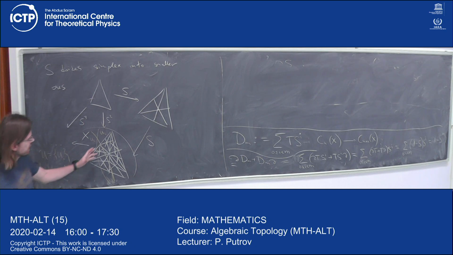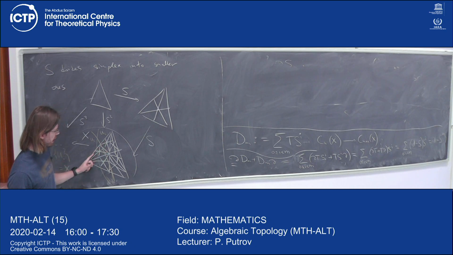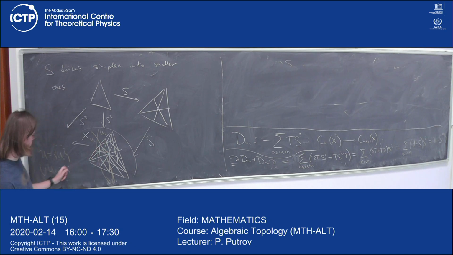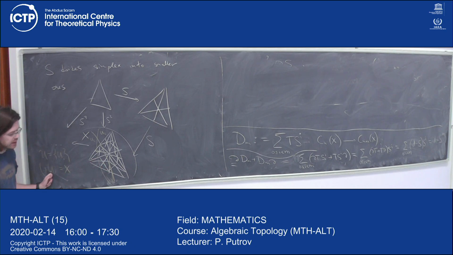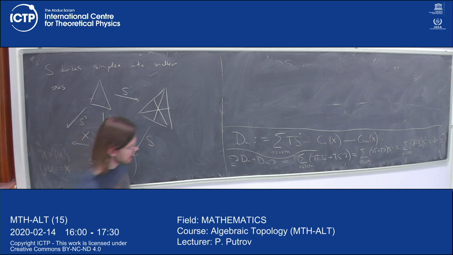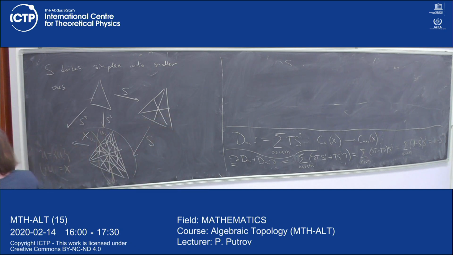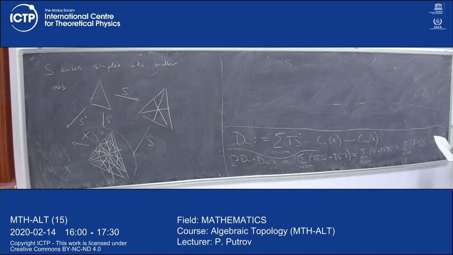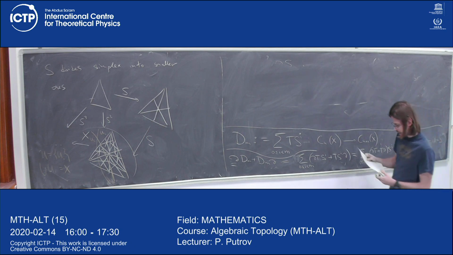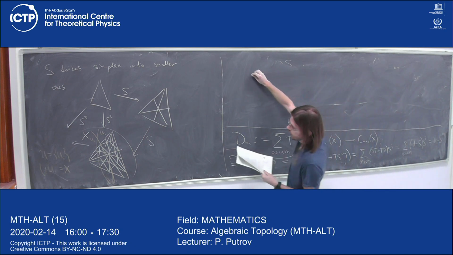So you see, I can start with some simplex, and it's not going to be inside any particular U. But if I subdivide it enough, I can make sure that the small simplices are always inside a particular U_i. So this is the idea. But one has to be more precise, more careful, and do some sort of analysis, which I'm going to do. But the idea is like this.